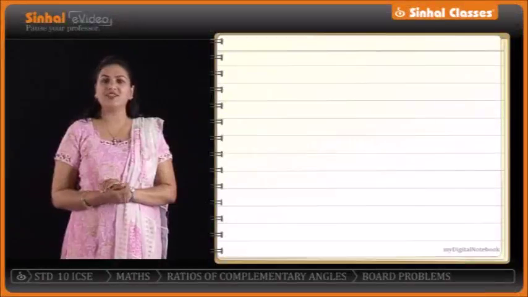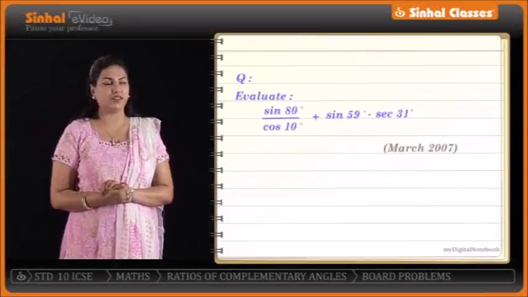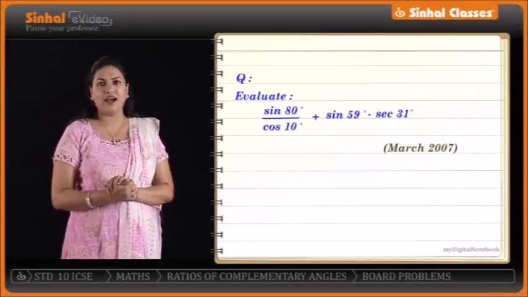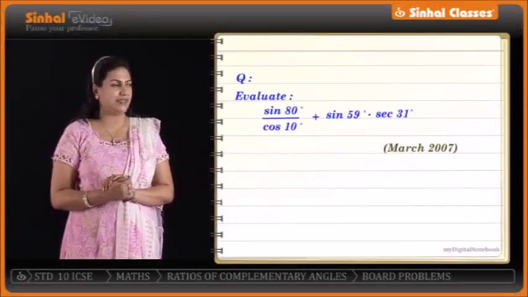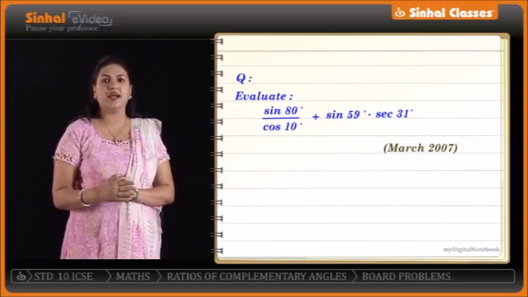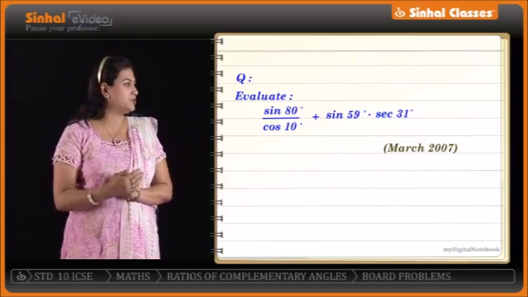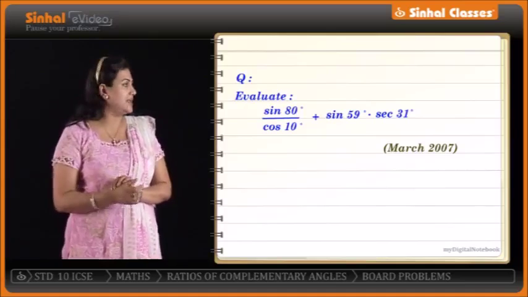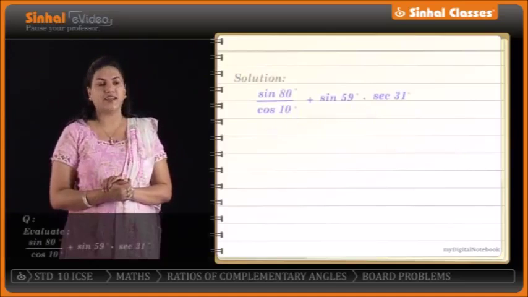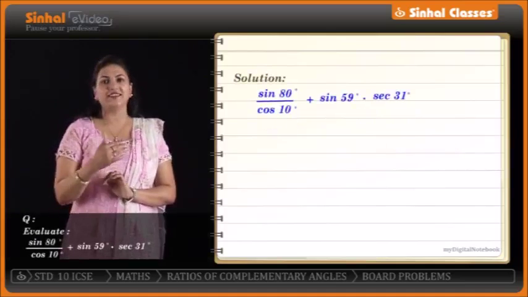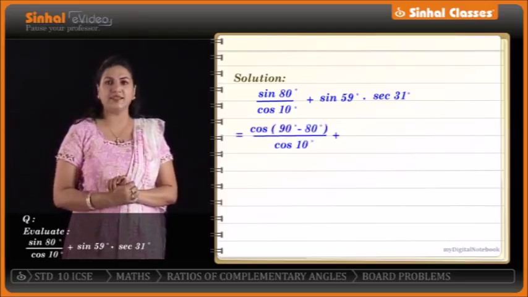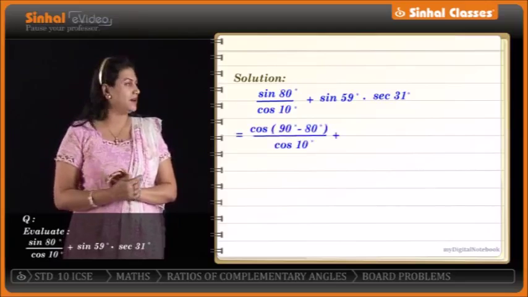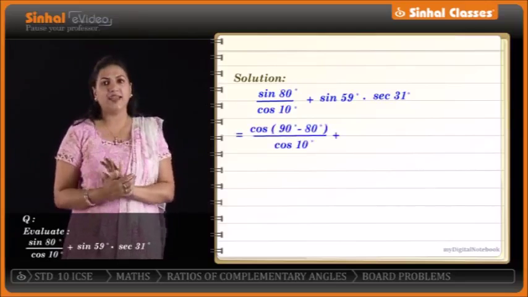Now we take the March 2007 board question, which is evaluate sine 80 degrees upon cos 10 degrees plus sine 59 degrees into sec 31 degrees. Now in the first term we have sine and cos. So we write sine in the numerator as cos 90 minus 80, and in the second term we have sine and sec.